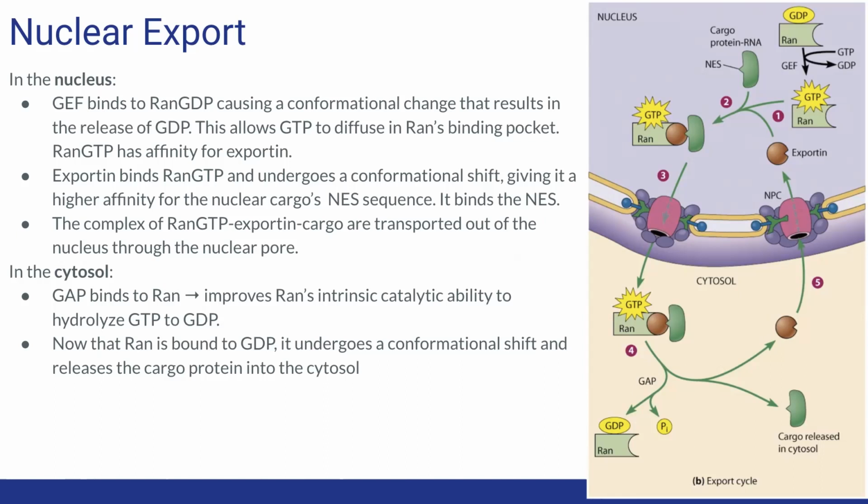Oh, actually, yeah. Since RAN GTP is needed inside the nucleus for both import and export, is there any competition between the two, where export could be inhibiting the amount of import that could be released once it's entered the nucleus, or is there just enough for both processes to occur simultaneously?